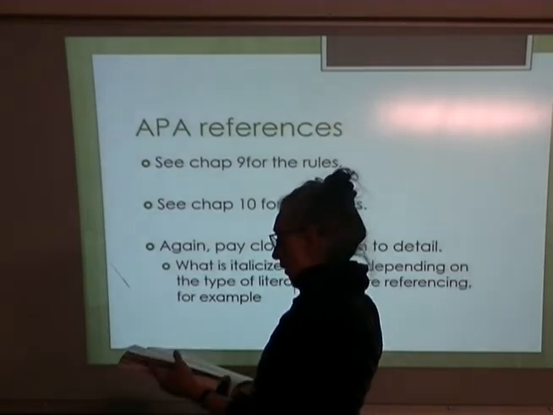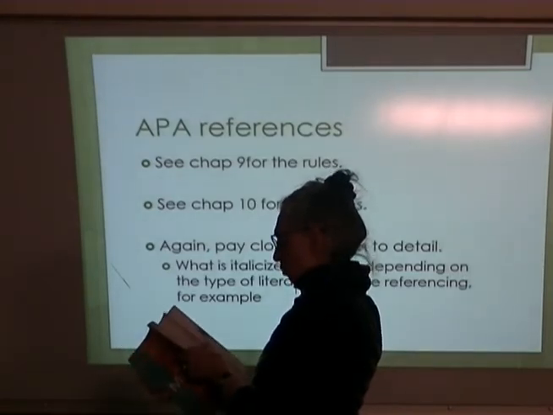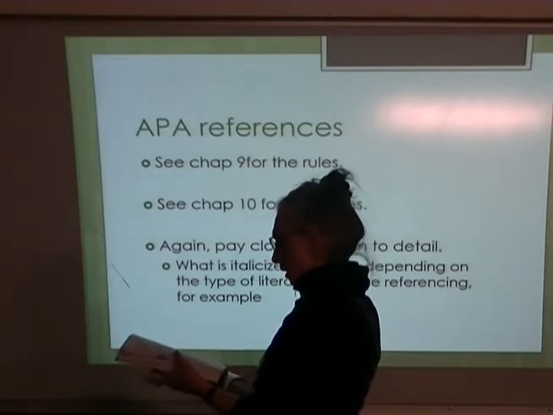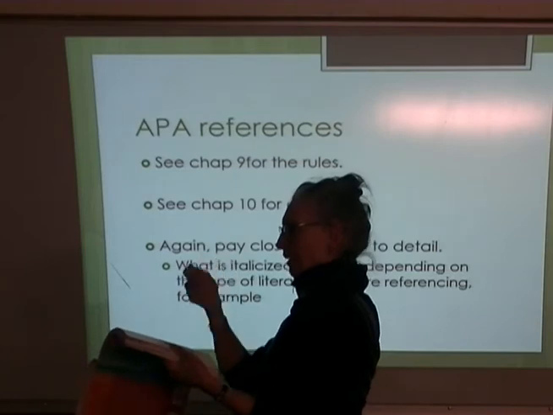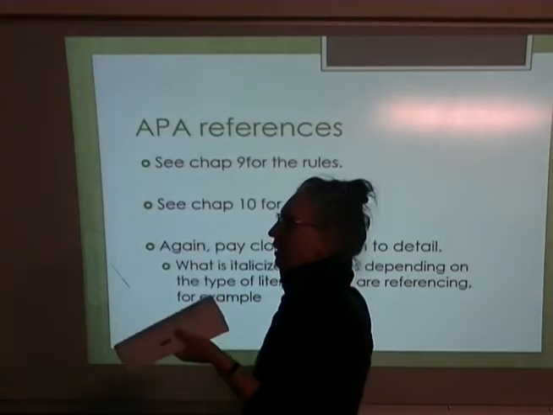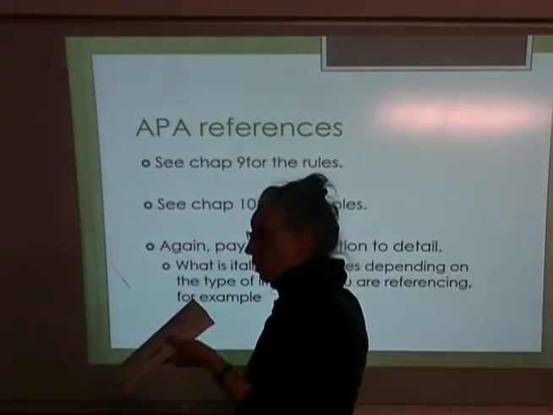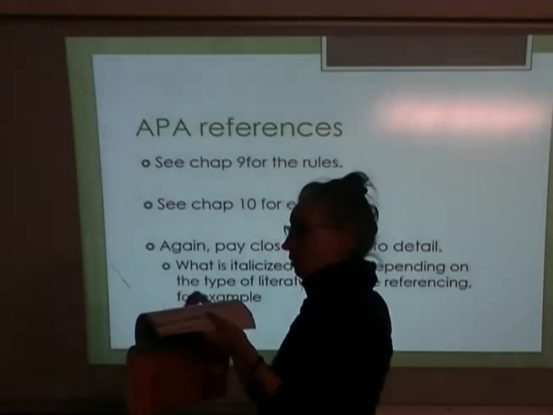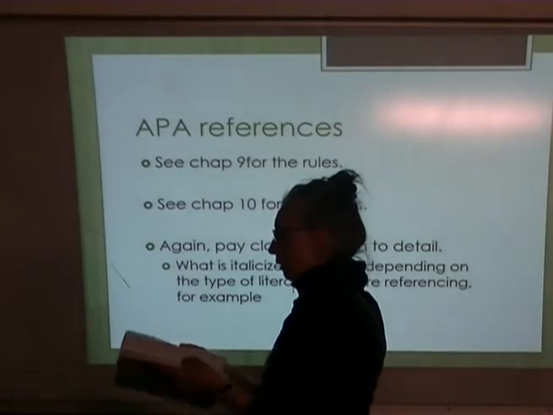All right? Now, if, like me, even with your glasses, you can't always tell whether there's 1 space or 2 spaces, you might have to use a magnifying glass. But they give you examples that you can just copy with your particular reference. All right?